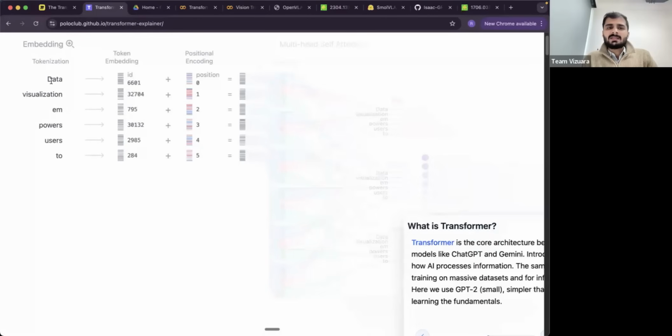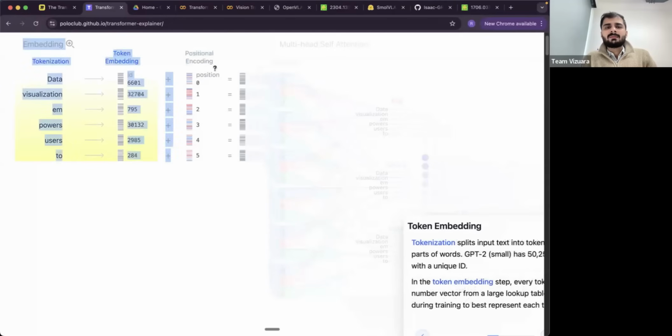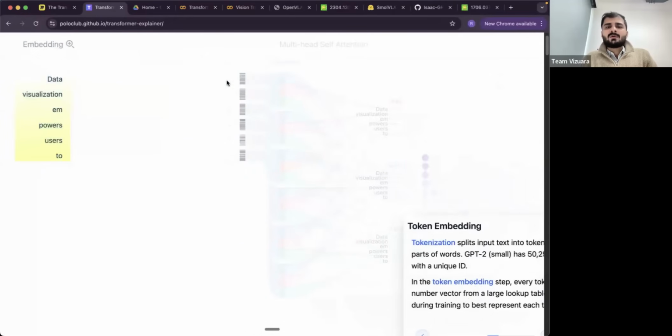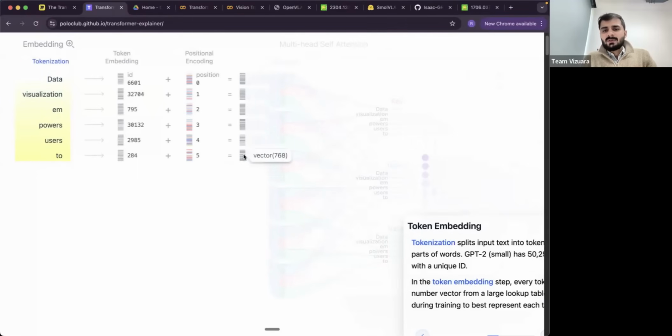In the embedding step, as I discussed, every single token is converted into a token embedding and a position embedding, and you add both of them together. This was the uniform which I talked about. In practice, we don't have three dimensions, but a high dimensional space of 768 dimensions.